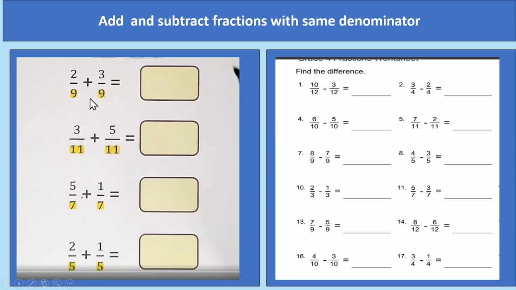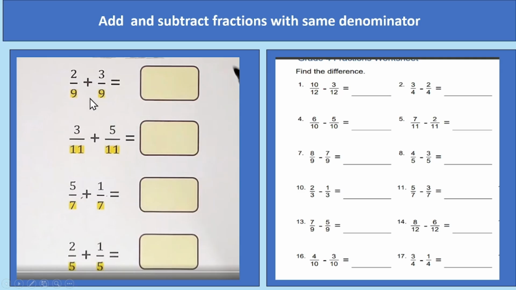Let's take an example for subtraction. Here we have two fractions with the same denominator, which is 12, and in the numerator we have 10 minus 3. 10 minus 3 will give us 7. So we have numerator of 7, and the denominator will be as it is, which is 12. Excellent.